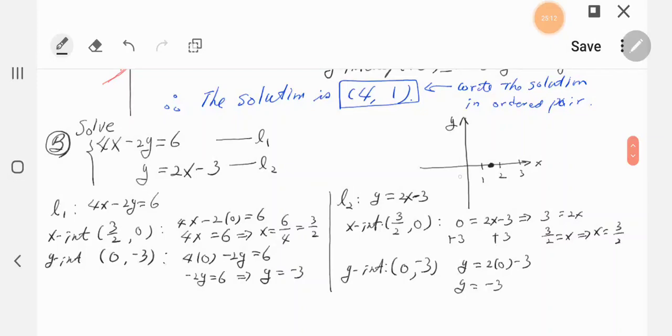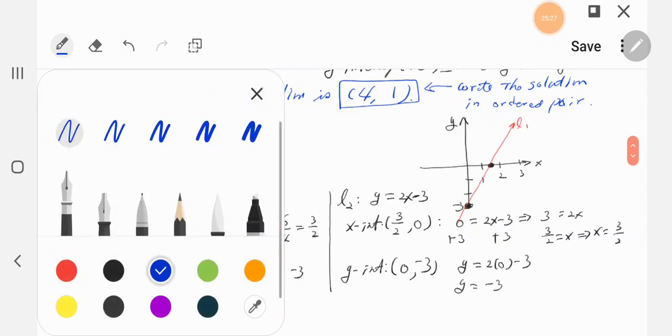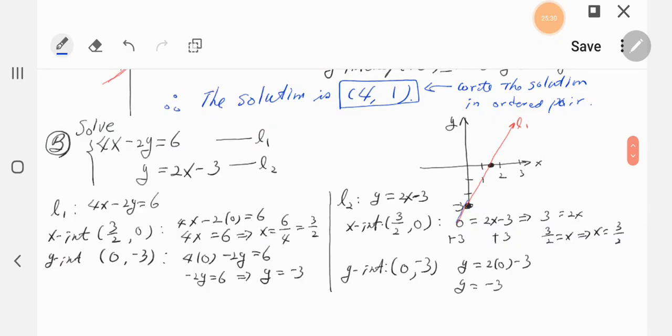That's the x-intercept. The y-intercept is negative 3. 1, 2, 3, negative 3, the y-intercept. The two lines are exactly the same. This is line 1, right? And line 2 also has the same x-intercept and y-intercept. So both lines are the same, right?